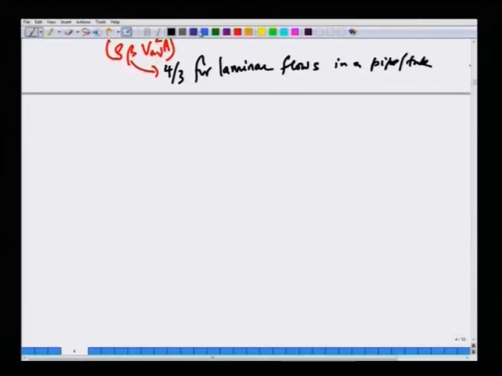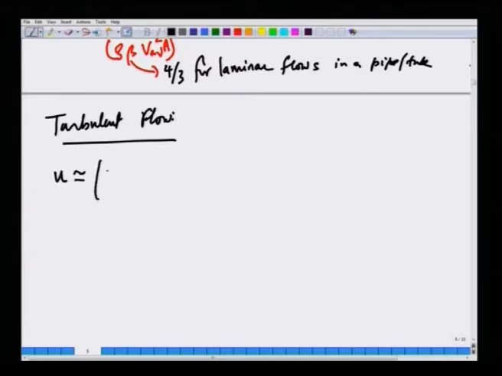So, I will quickly tell you what is the beta for turbulent flow in a pipe. It turns out that for turbulent flow, u is approximately u naught. As I told you, this is more like an experimental fact, it is not rigorously derivable from first principles like the laminar flow expression for the velocity.